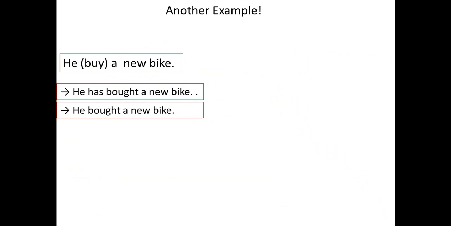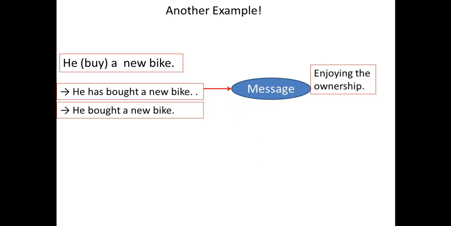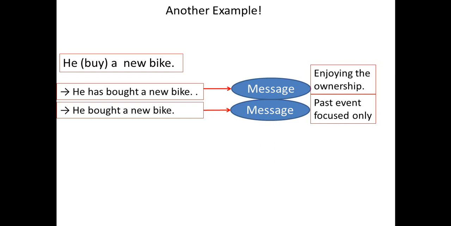So this is already written in present perfect and past simple, because the speaker is focusing on the result of buying a bike, and this is enjoying the ownership. And the next one gives importance on only the past event.